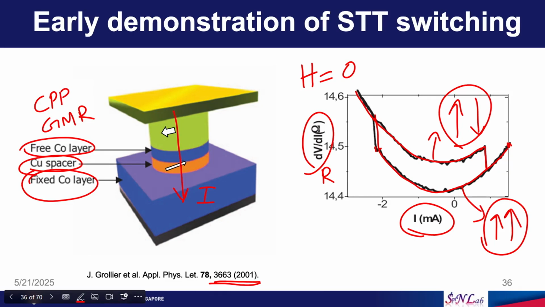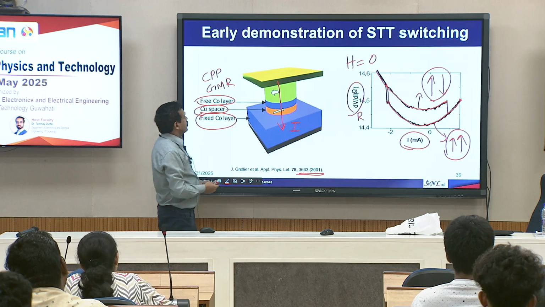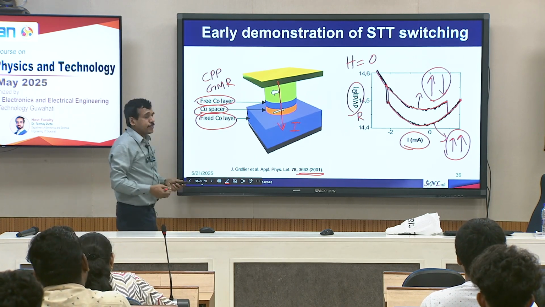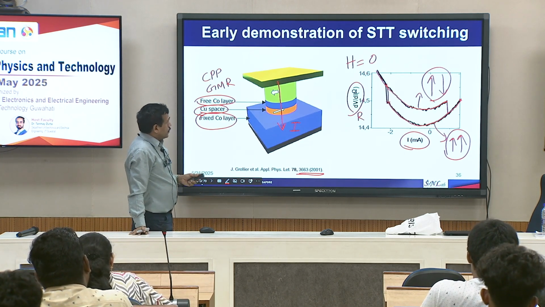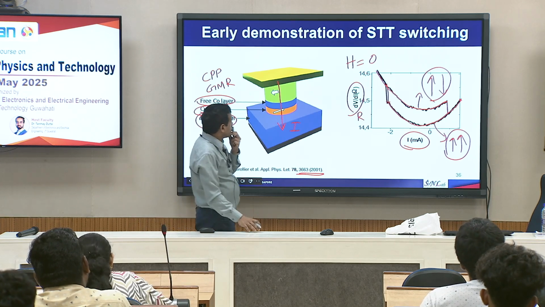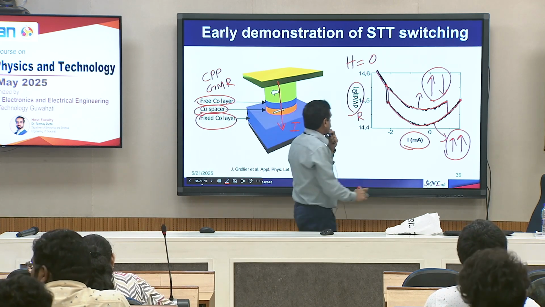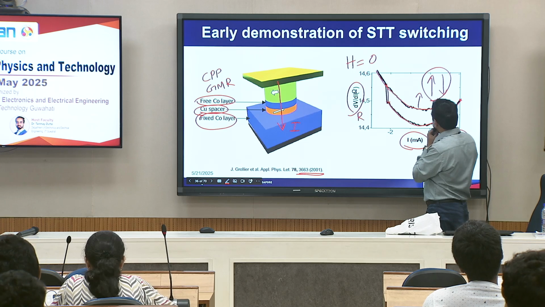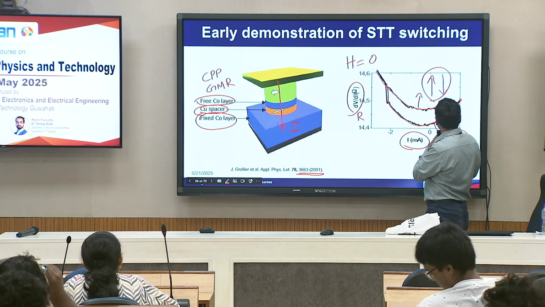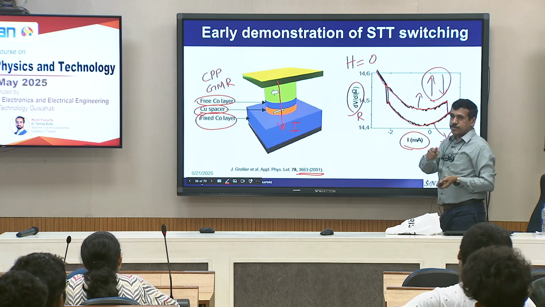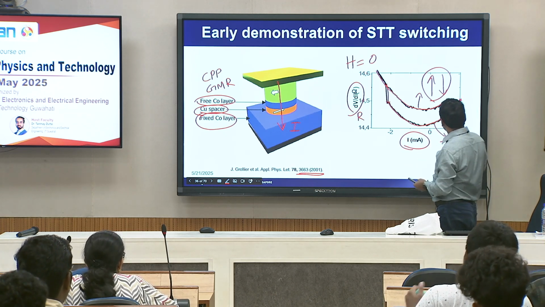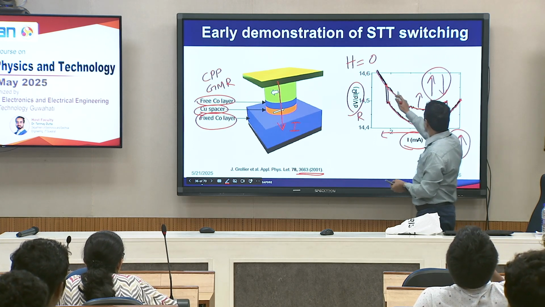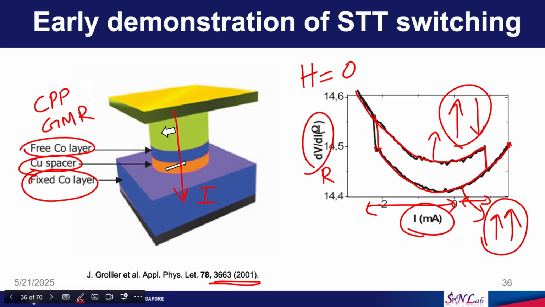So, this experiment proved that we can switch the magnetization states by sending current through the device, using the spin transfer torque mechanism. So, this graph also answers your question, right. When you go from parallel to anti-parallel, we need more current. When you go from anti-parallel to parallel, you need less current.